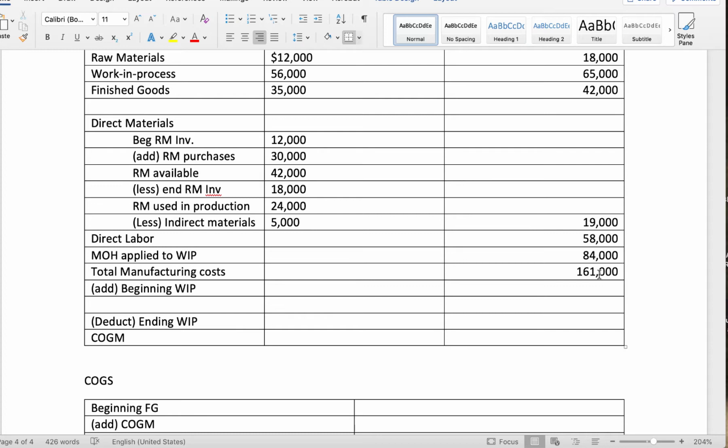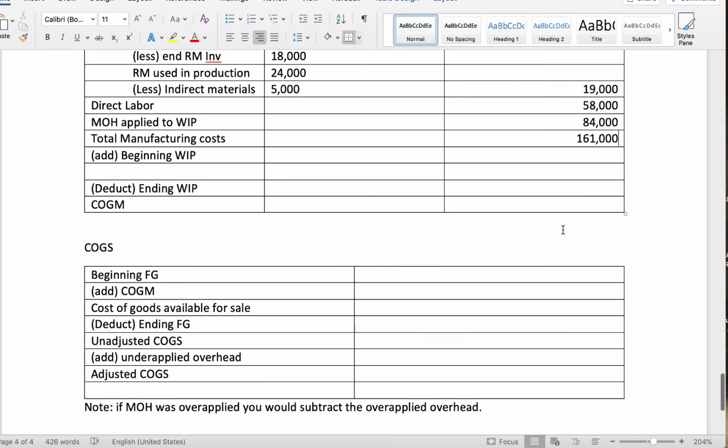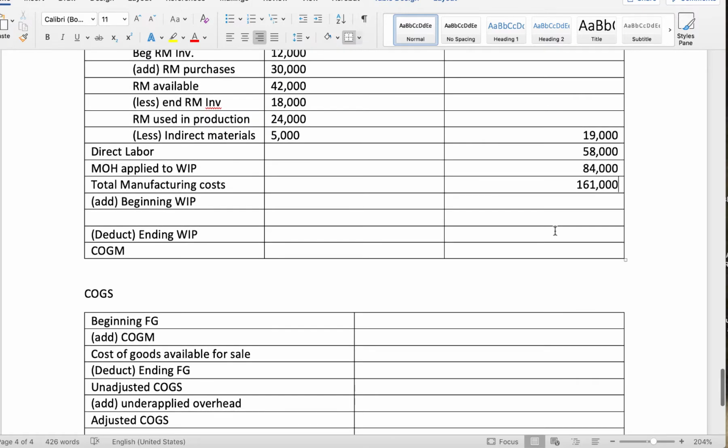How do we figure that out? We figure that out by determining how much actually left WIP and went into the finished goods account. Easy. I take my beginning, I add what was added to that account during the period, I subtract out the ending balance.